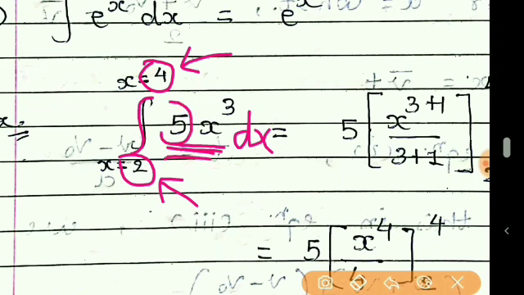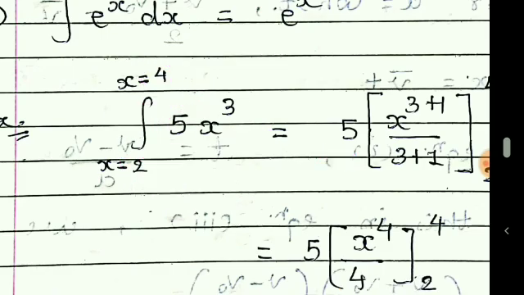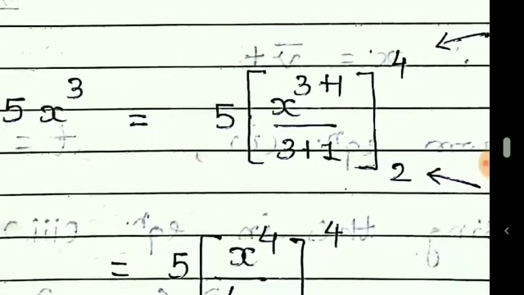So 5 is a constant multiplying a function, so we will put this 5 outside. What remained inside? x cube. Now what is the integration of x cube? We simply increase the power by 1.